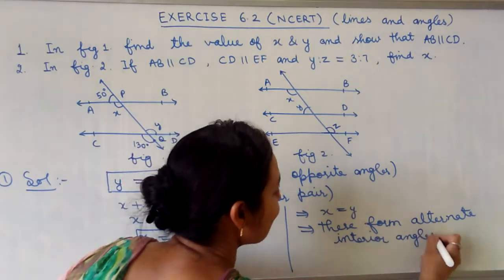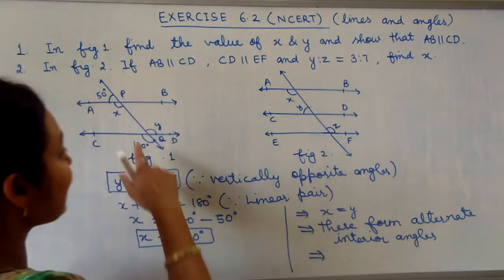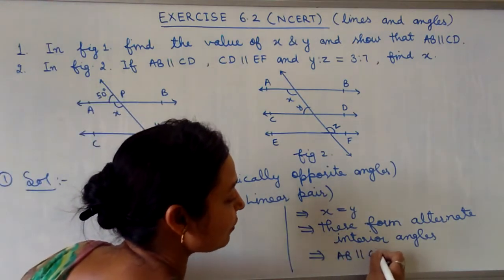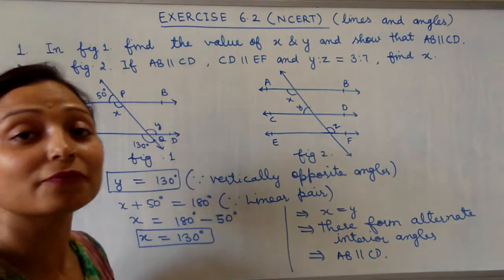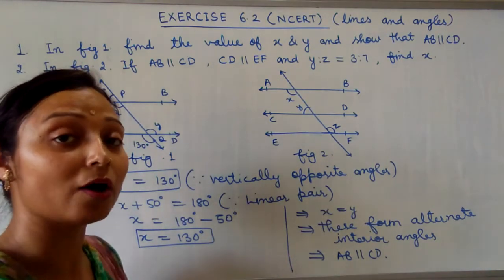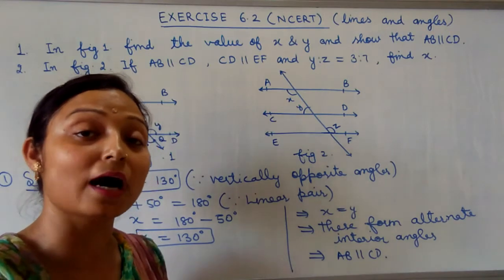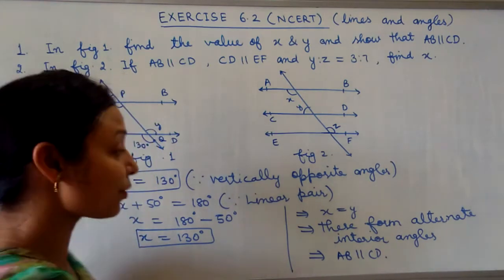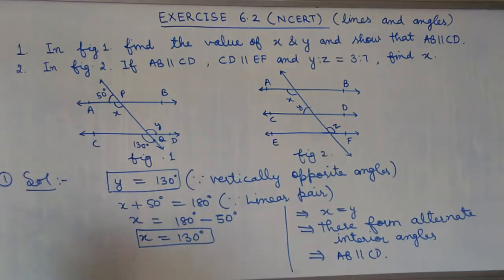So this implies AB is parallel to CD. That's why, since both angles are equal and form alternate interior angles, the lines are parallel. This is the simplest way. I always opt for the method that is very simple and that students can easily understand.